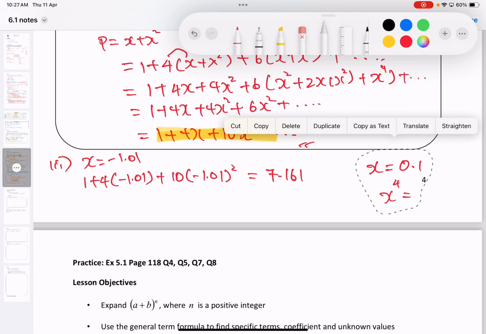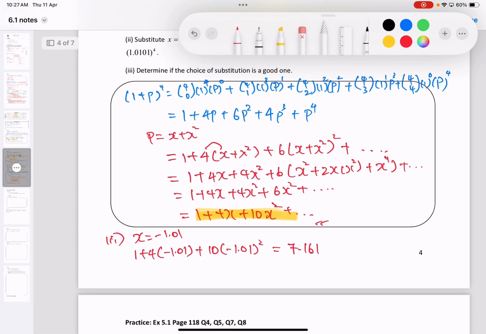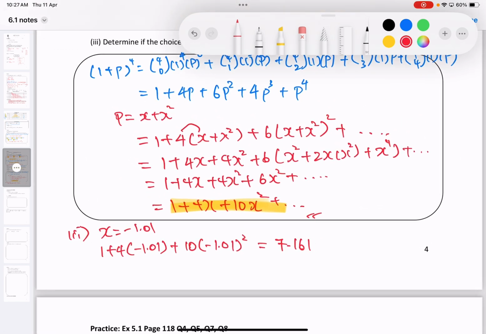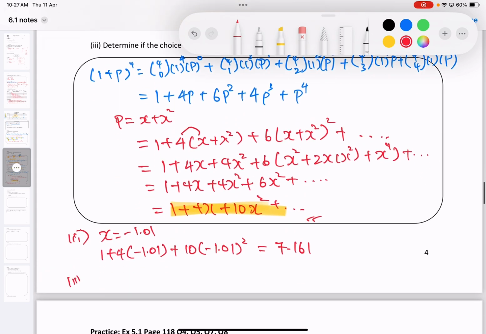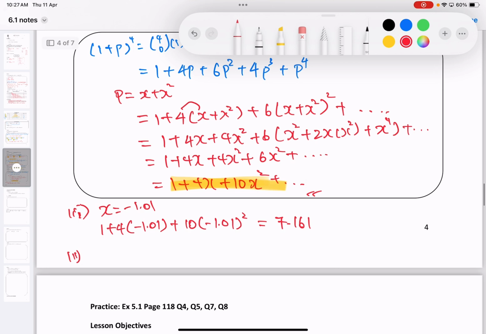So in this case, please write down the explanation. Determine if the choice of substitution is a good one. The answer is no. This is part 2. The answer is no. Why? Because firstly, number 1, we ignore the higher powers.